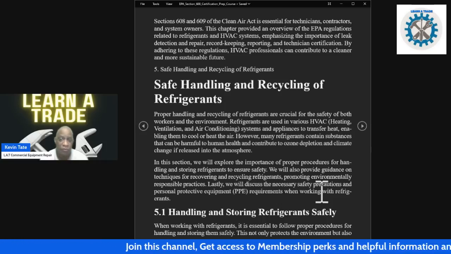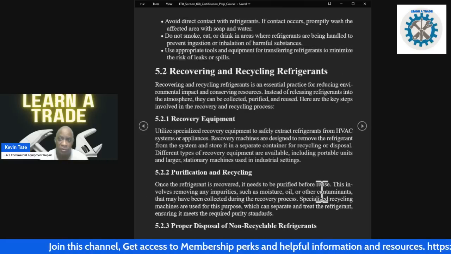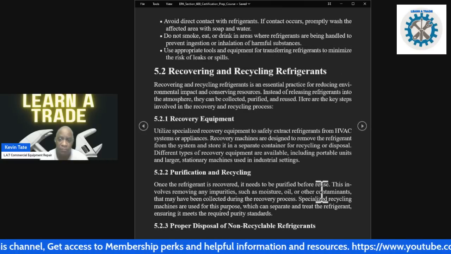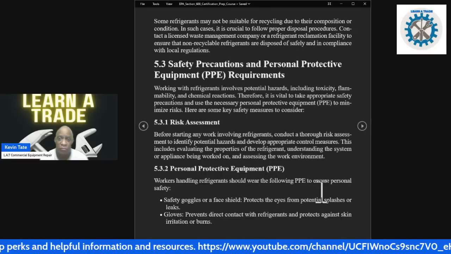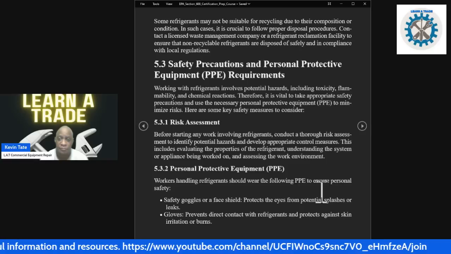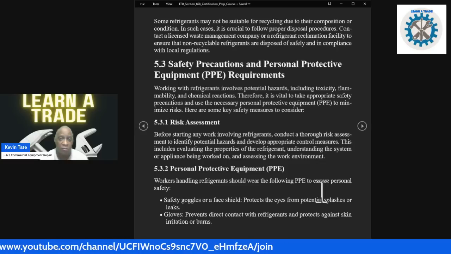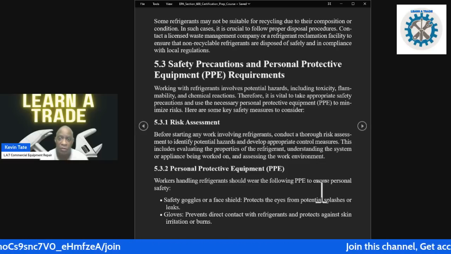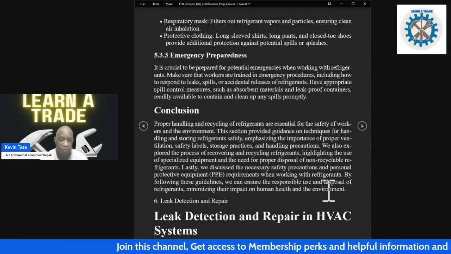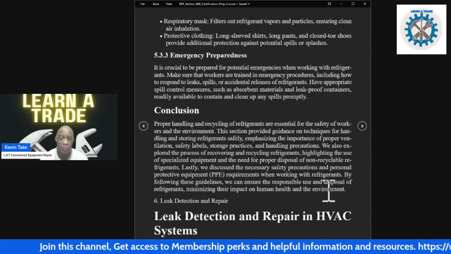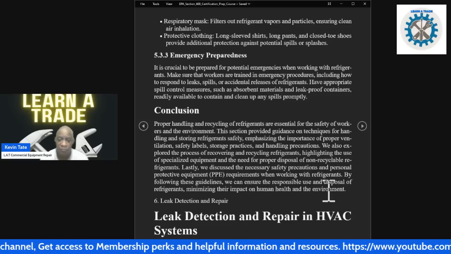Handling and storing refrigerants safely, recovering and recycling refrigerants, proper disposal, your personal protection equipment, your risk assessments. It's teaching you how to go about all of this. Your emergency preparedness, preparing for an emergency when working with refrigerants.